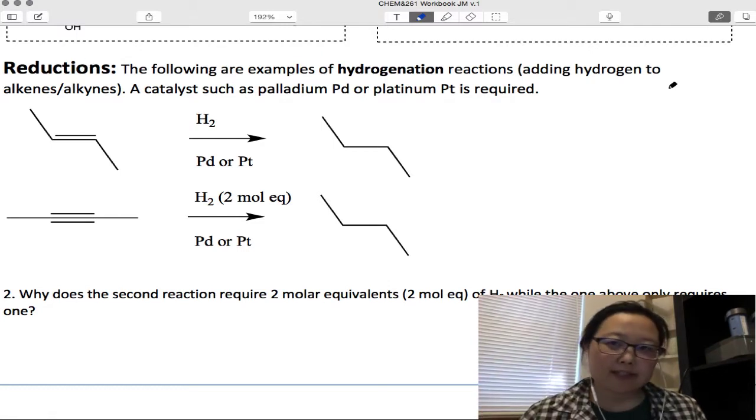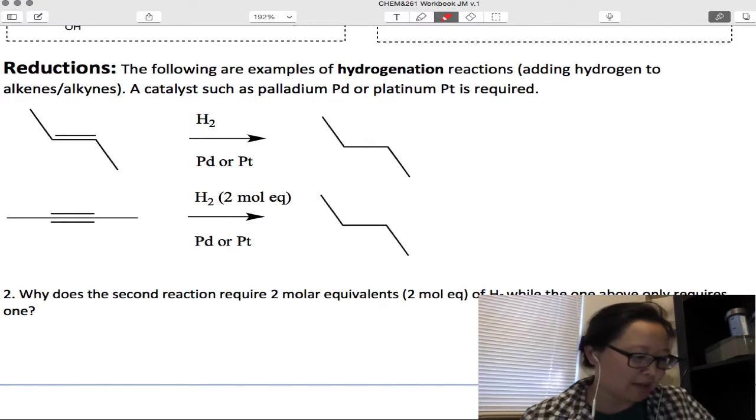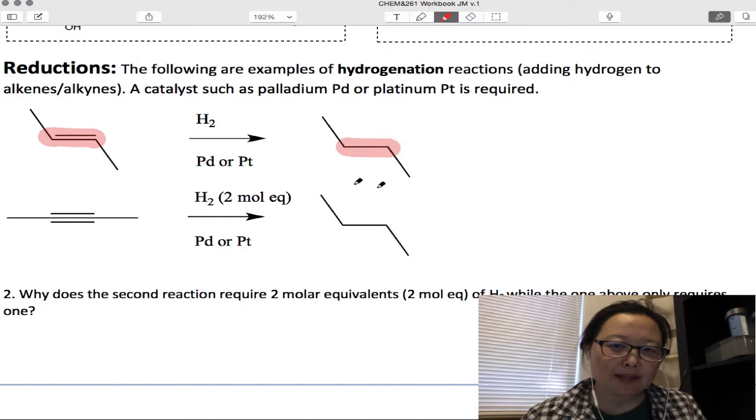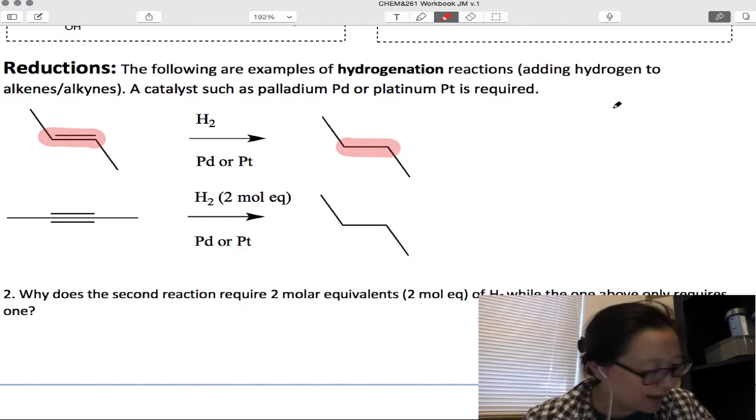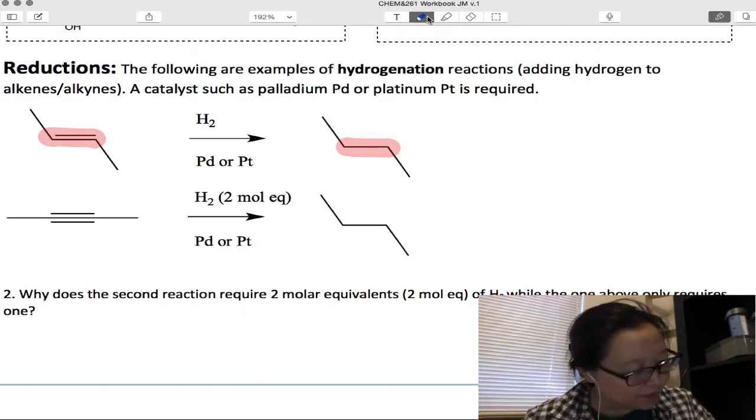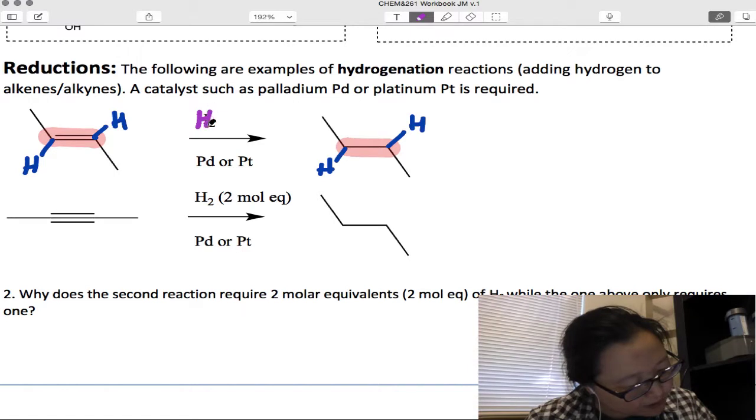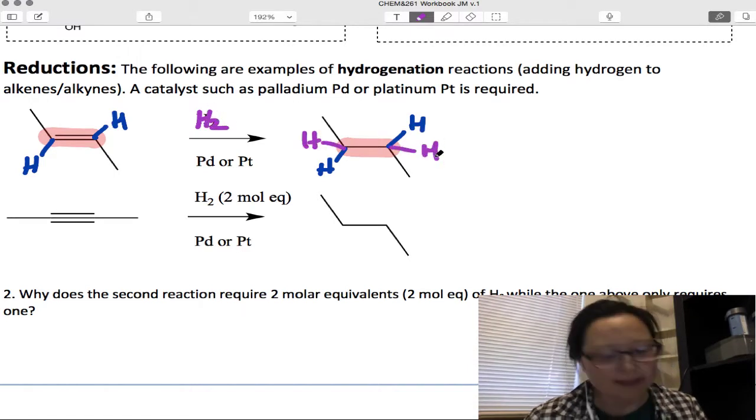For reductions, take a look at the functional groups and what's changing about them. We're going from an alkene to a C-C single bond. This is an alkane. So the pi bond is adding hydrogens, and let's draw the hydrogens that were there before, and let's draw the H2, the new hydrogens would be here in order to make the alkane.